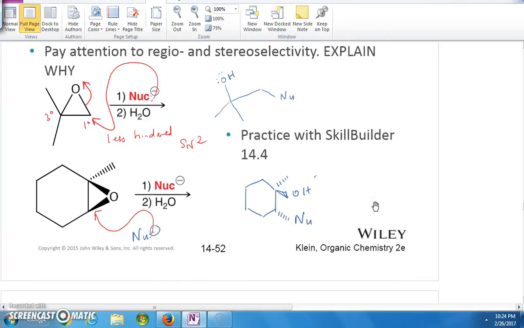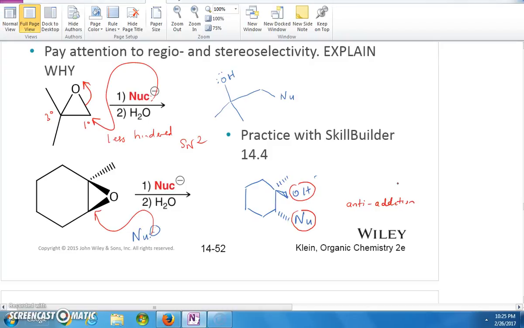And that's how you have your ring open, and you can see again that the orientation of the nucleophile and the hydroxy is an anti-addition. So it's very important that you note the stereochemistry. The stereochemistry is anti, right?